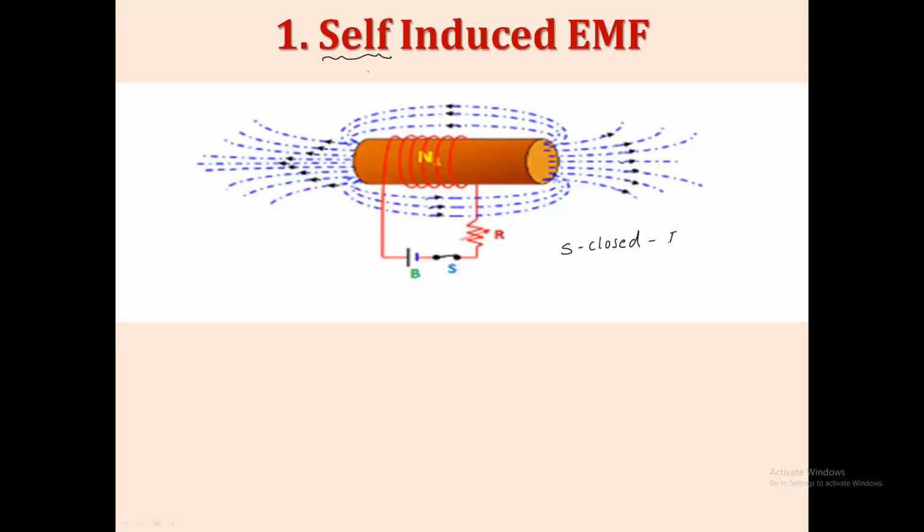Current I definitely starts to flow through the circuit. Right? When current flows through this coil, which we call a solenoid coil, what happens? According to Oersted's experiment, a magnetic field is produced. Do you agree with me?